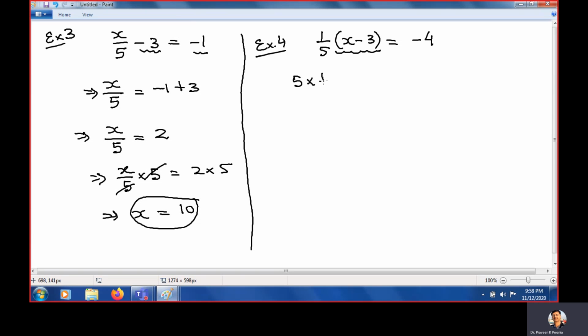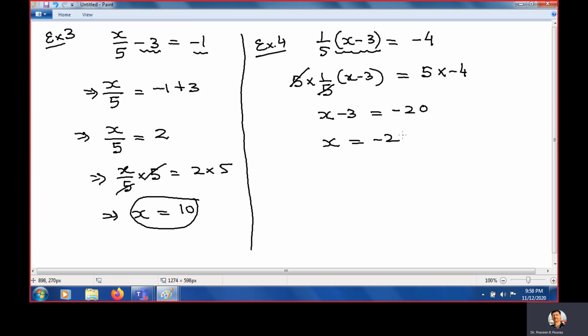You need to simply multiply the given equation by 5. It is 5 times minus 4. So 5 cancelled by 5. So how much are we getting? x minus 3. And 5 times minus 4 is minus 20. Now this question becomes very easy.